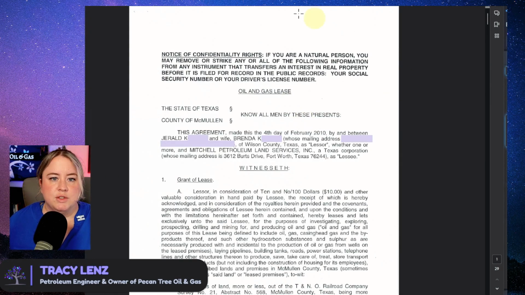Moving on to 2010, and at this point I am starting to redact some of the names and addresses just because we are getting more modern leases. So this is an example of how thorough you can explain the lease. There's pros and cons to being very thorough in your lease. On one hand, you get everything very defined up front. On the other hand, it might get too complicated for them to actually do the things you're asking them to do.